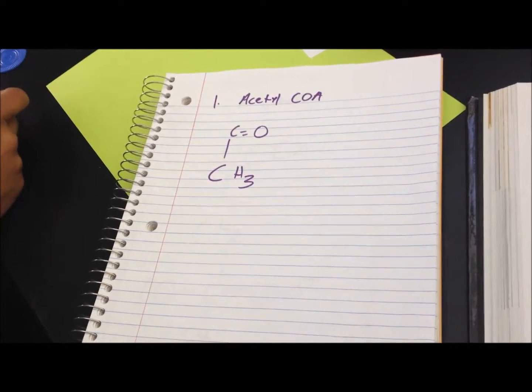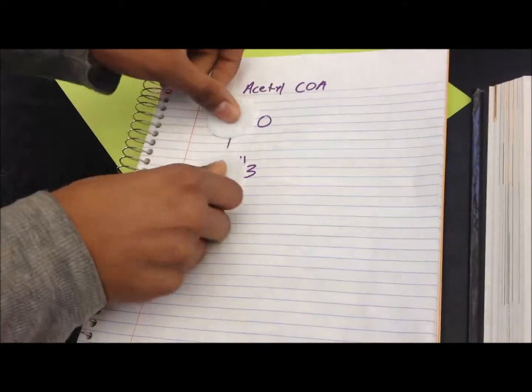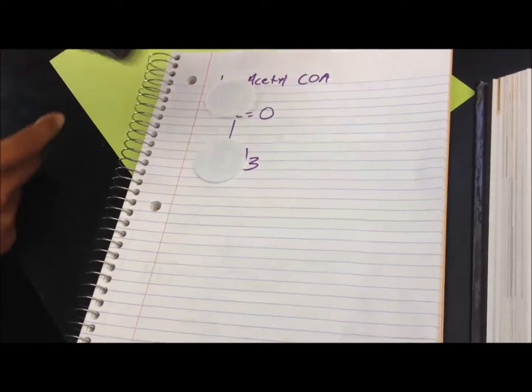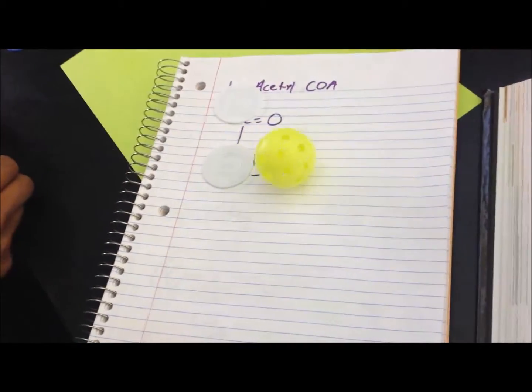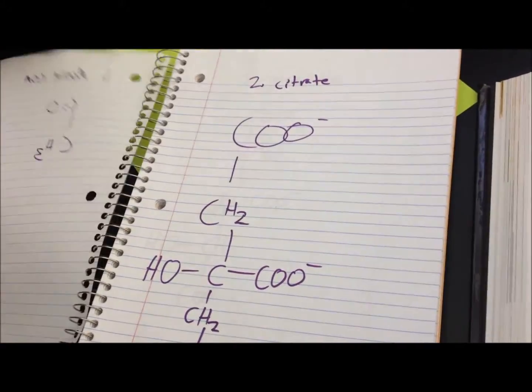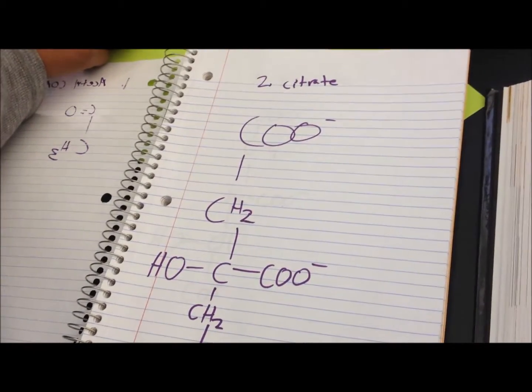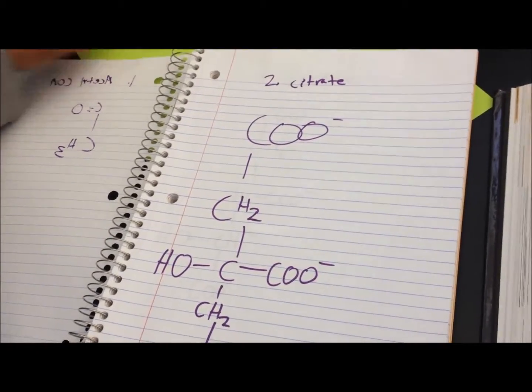In the process of the Krebs cycle, acetyl-CoA adds its 2 carbon acetyl groups to oxaloacetate, producing citrate. Citrate is converted to its isomer, isocitrate, by removal of one water molecule and addition of another.